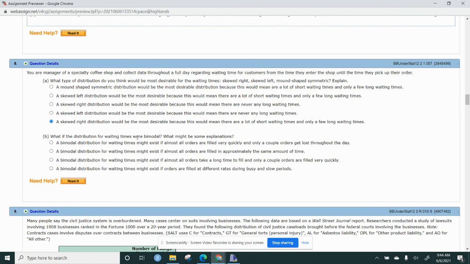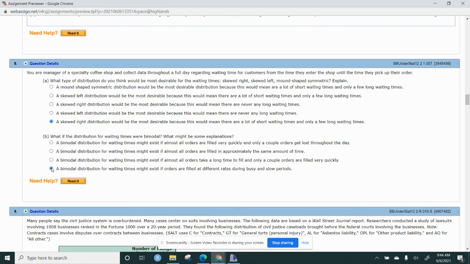Okay, so what if it was binomial? What might be some explanations? Remember, binomial is when you have two distinct events. So you're going to have two very different mounds, or we say distributions. So there's something dividing them in the middle. A binomial would look like maybe you have really busy times or really slow times, like there's no in between, like you're getting slammed and then nothing is really happening.